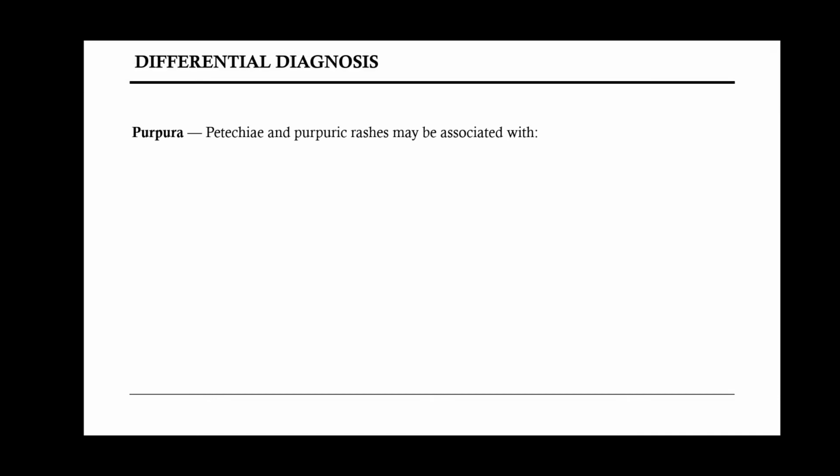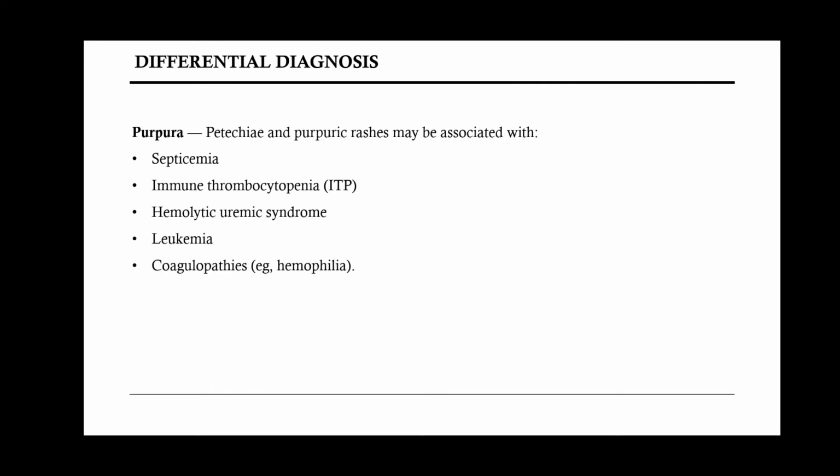As for the differential diagnosis, petechiae and purpuric rashes may be associated with septicemia, immune thrombocytopenia (ITP), hemolytic uremic syndrome, leukemia, coagulopathies such as hemophilia, but normal platelet count and coagulation studies differentiate IgA vasculitis HSP from these entities.